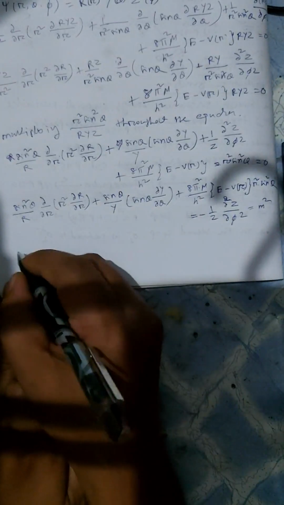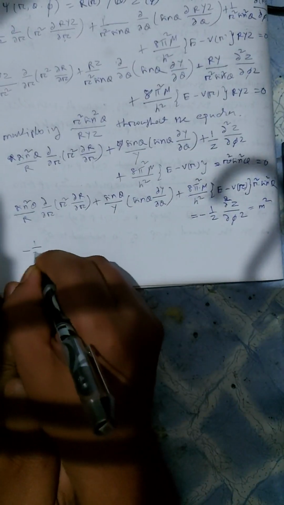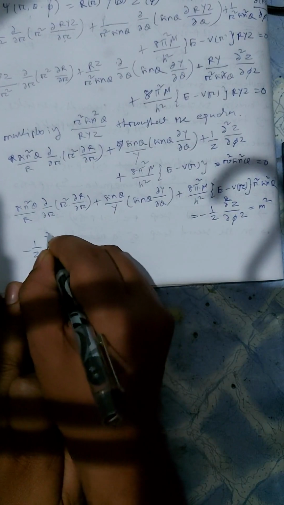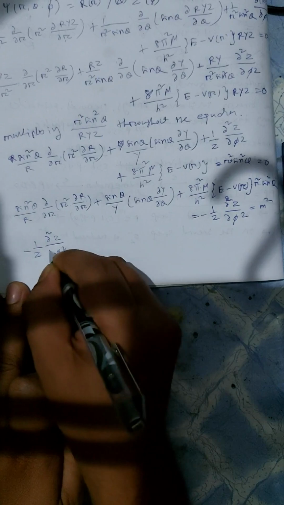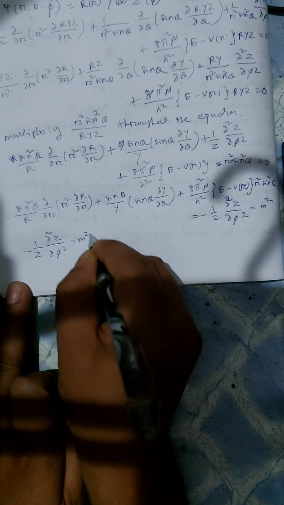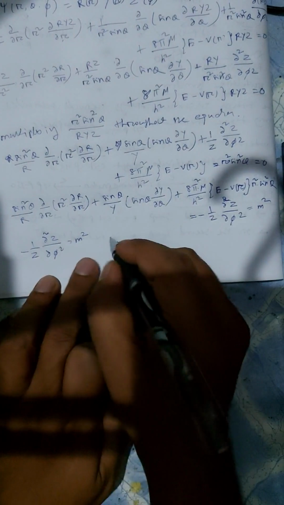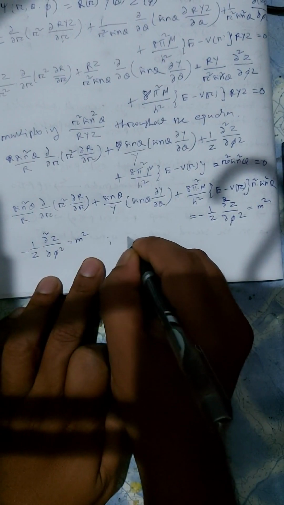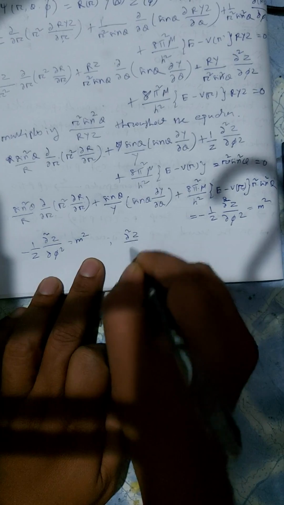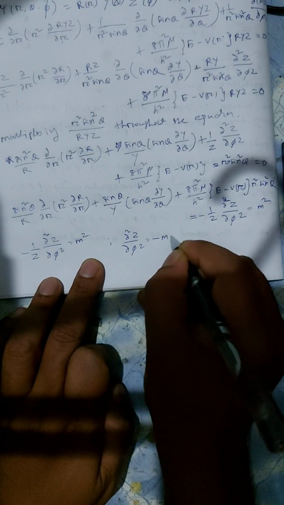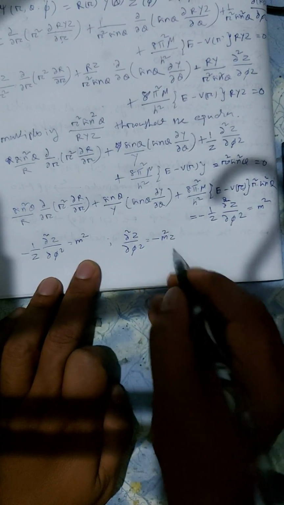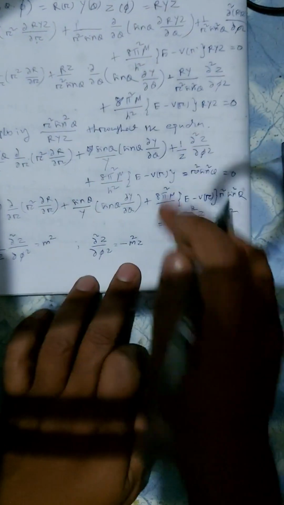So now we write minus 1 by Z ∂²Z/∂φ² is equal to m square. Take Z to the other side: ∂²Z/∂φ² is equal to minus m square Z. Take this to the left hand side.